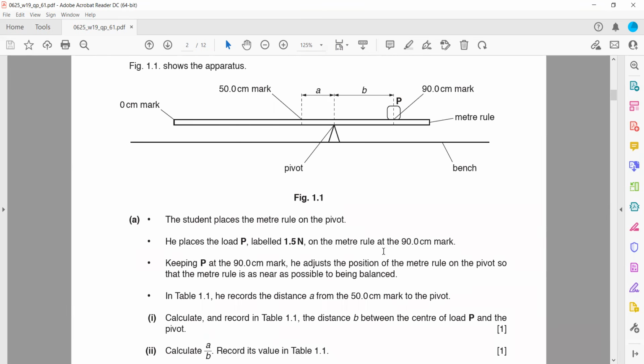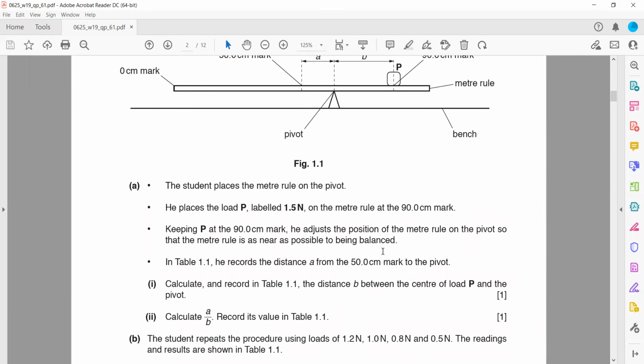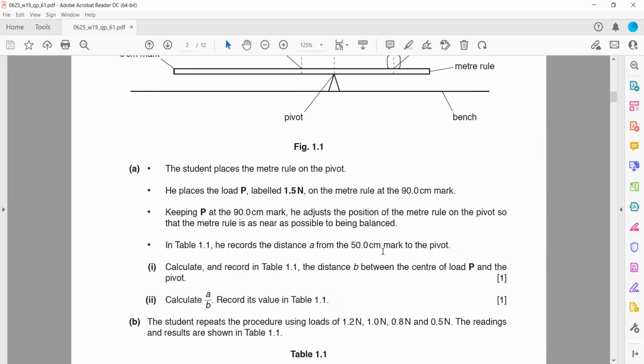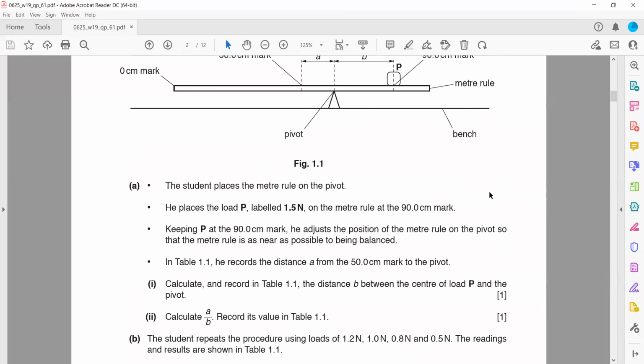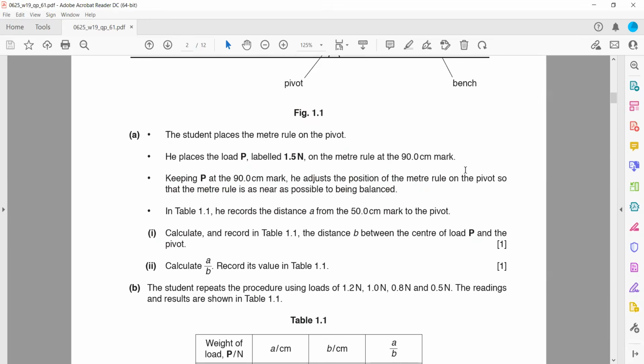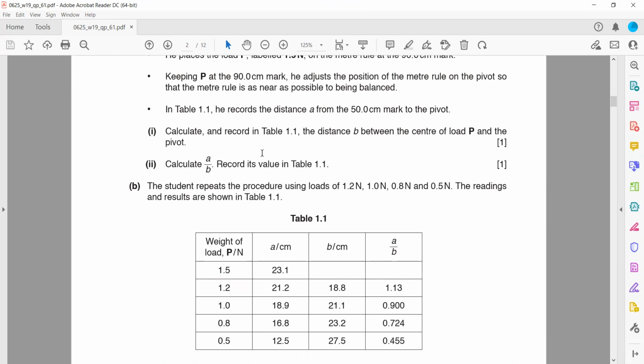So how can we determine the distance B? And then calculate and record in table 1.1 distance B between the center of the load and the pivot. So how can we determine this?